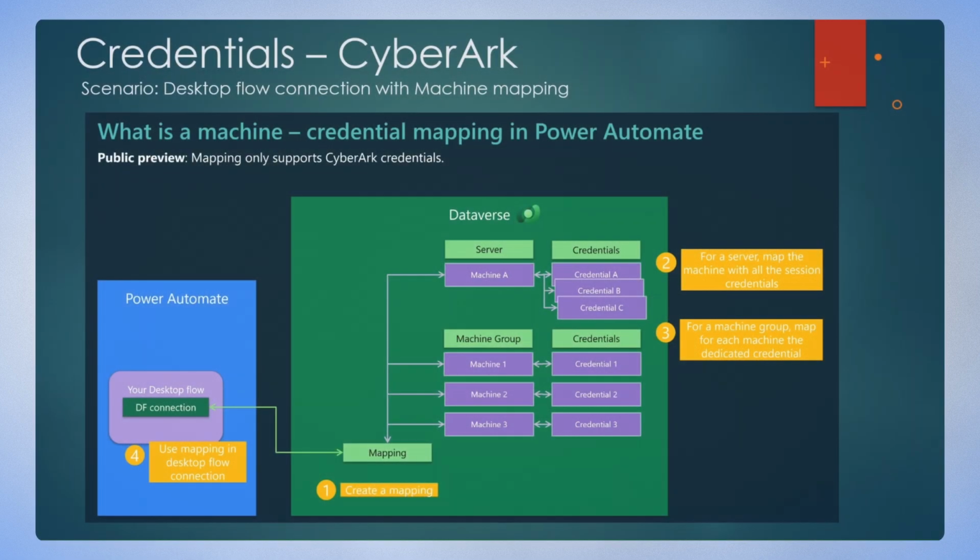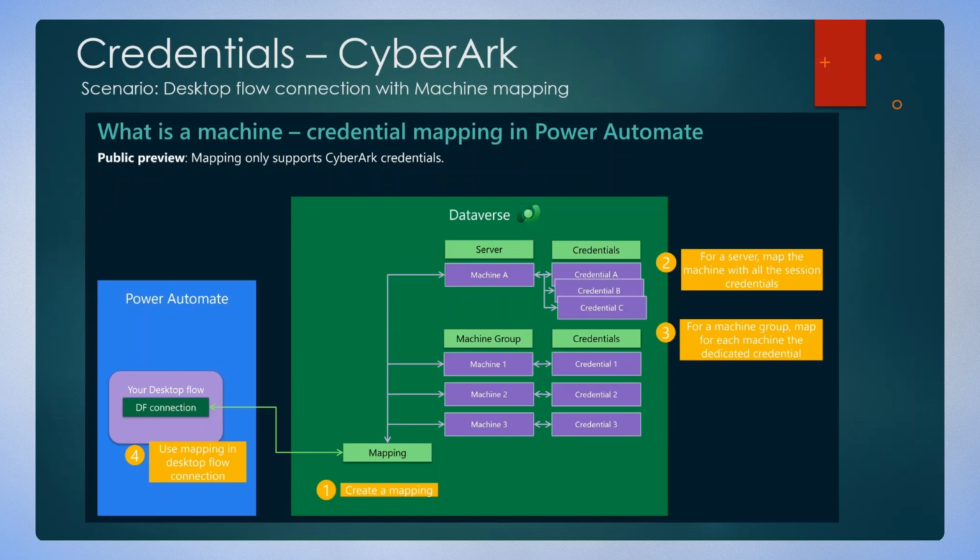Extending the scenario for CyberArk, we have now introduced desktop flow connection with machine mapping as a supported capability for CyberArk-based credential stores. The way you see it here is once you create a credential-based mapping within the Power Automate portal, which is basically pointing to the desktop flow connection, it serves two mechanisms.